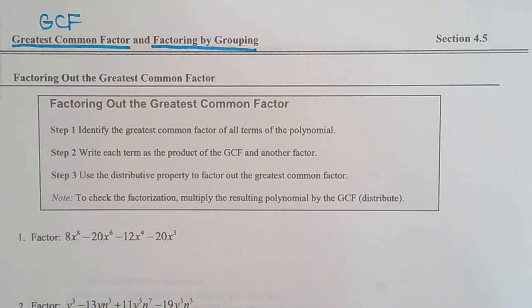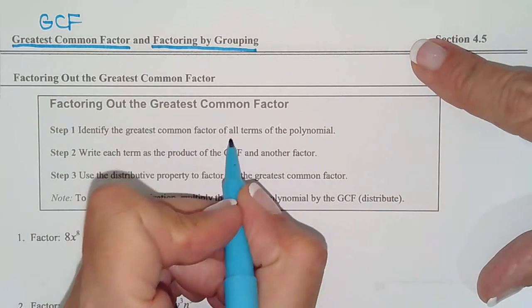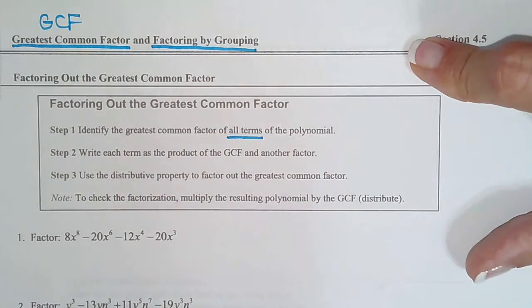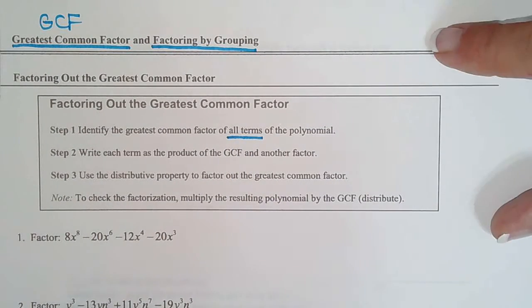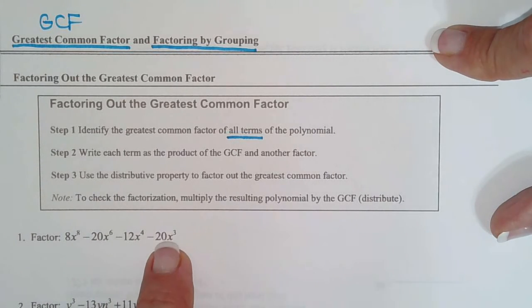So first let's talk about how do we find the greatest common factor. So we have to identify a term that's common to all the terms. It can't just be common to 2 of them. It has to be common to every single term listed.